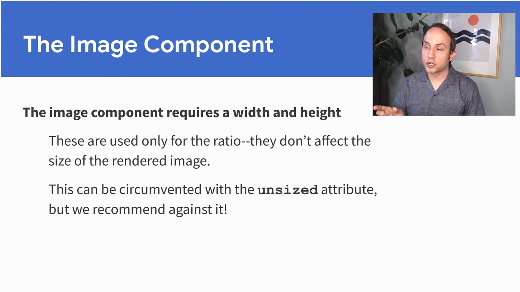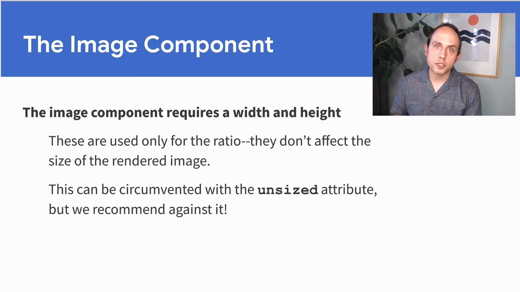The height and width actually don't size the image at all, unlike in traditional image elements. They just define a ratio. So even if you don't know the exact height and width of your image, if you know the ratio, if you know that it's a 3 to 4 image, you can put those in and it will work fine.